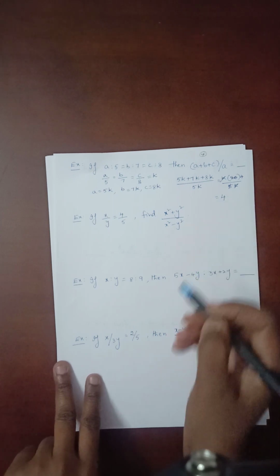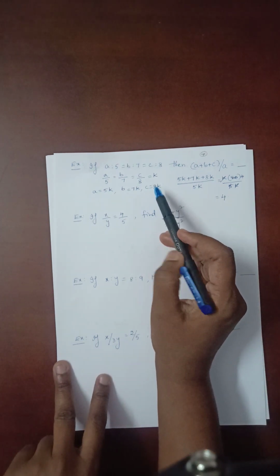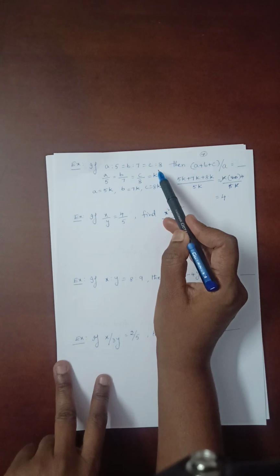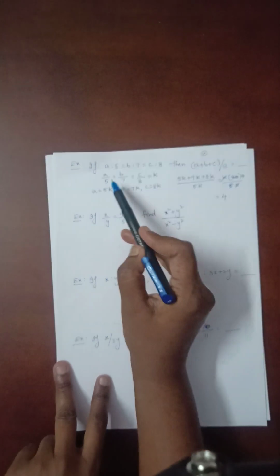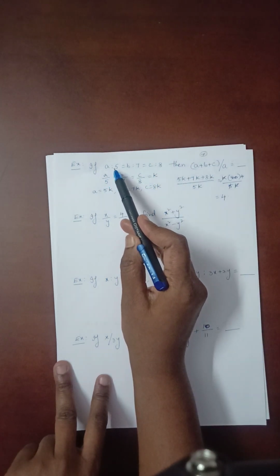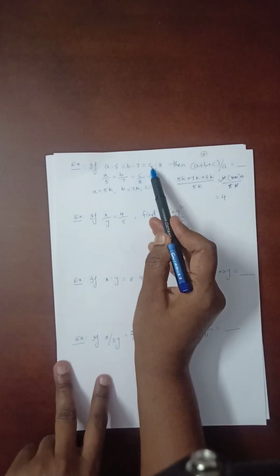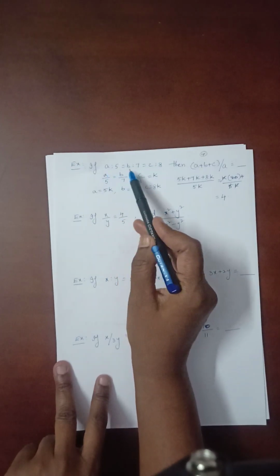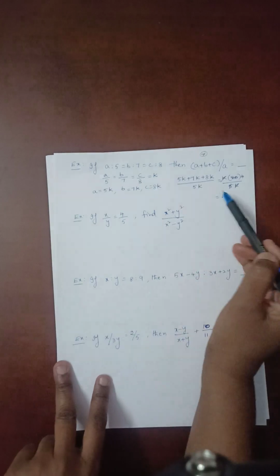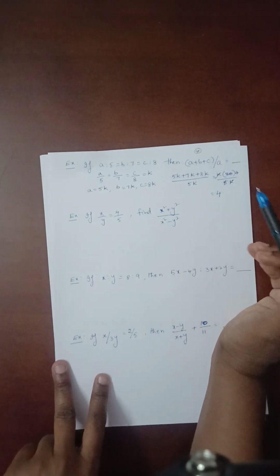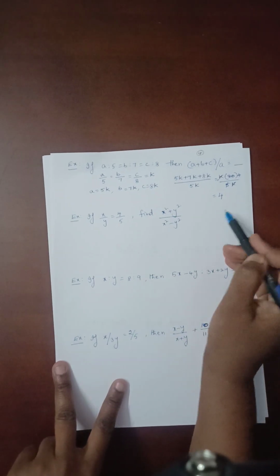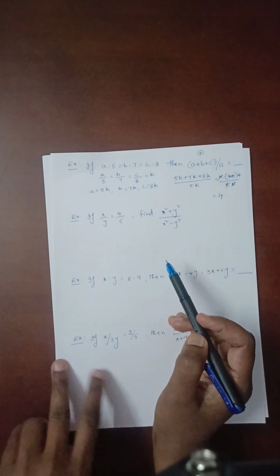What is the value? 4. So directly also you can substitute. No need to take some equal number k. Directly you can take A is to 5 equal to B is to 7 equal to C is to 8, means A is 5, B is 7, C is 8. Directly also you can substitute the values. You will get the answer 4.